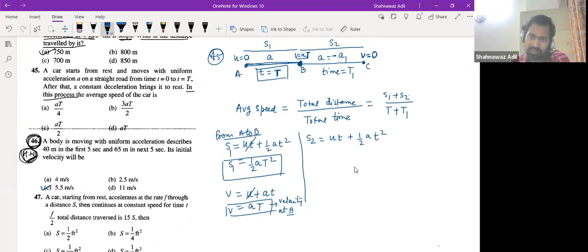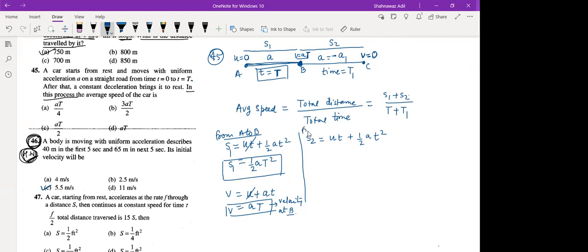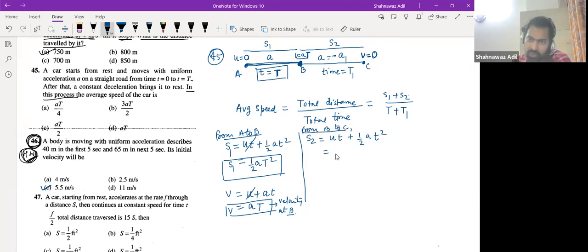Is this correct? Yes. So from B to C, U is AT, and time is T1, and then half acceleration is minus A1 and T is T1 square.